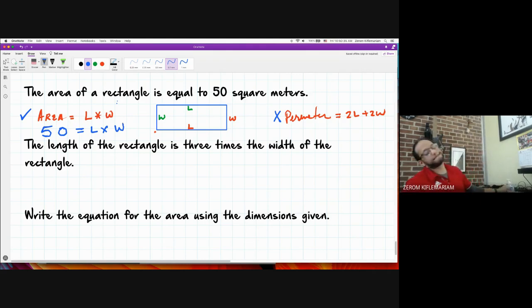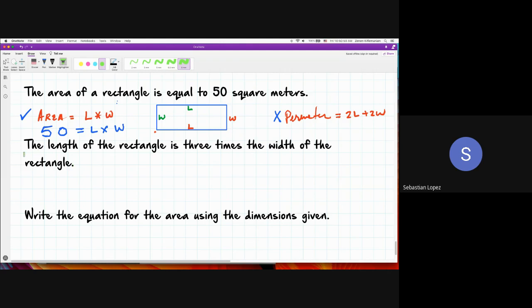Somebody, come on. There are 14 people. I want one brave soul. The length of the rectangle is, let's break it down. So if the length is y and the width is x, would it be y equals 3 parentheses x?